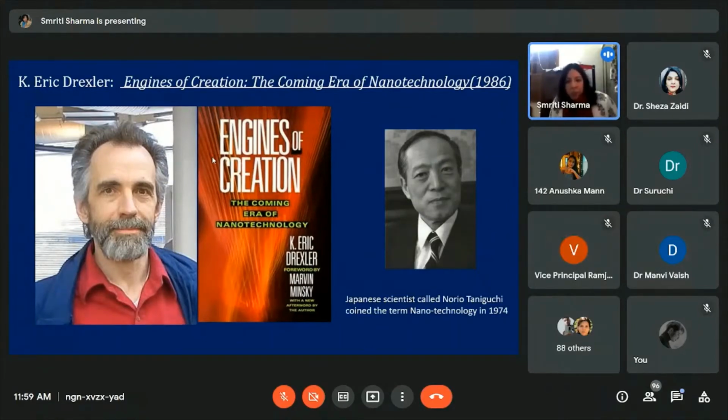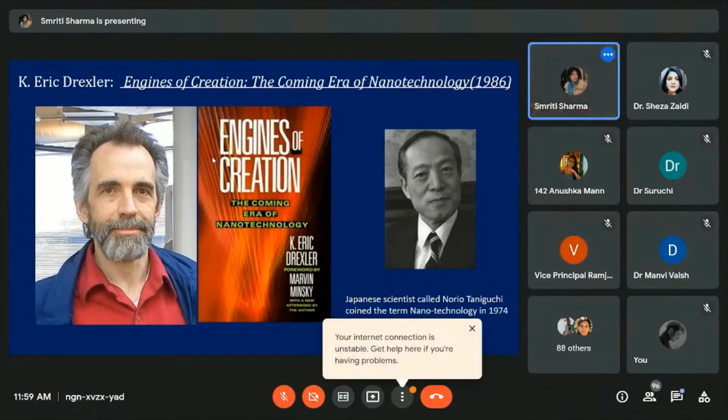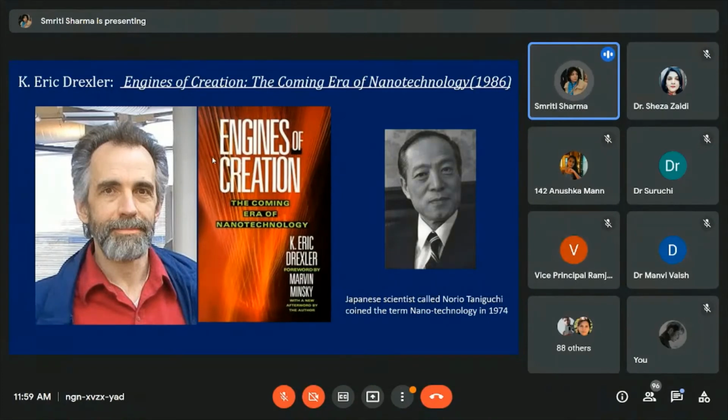They say he devised the term on his own, but in 1974, Norio Taniguchi, a Japanese scientist at Tokyo University, had already used the term, with a hyphen in between. Drexler, from MIT, used it in his book. So the term was coined by Norio Taniguchi, but the impetus to this field came after this book.